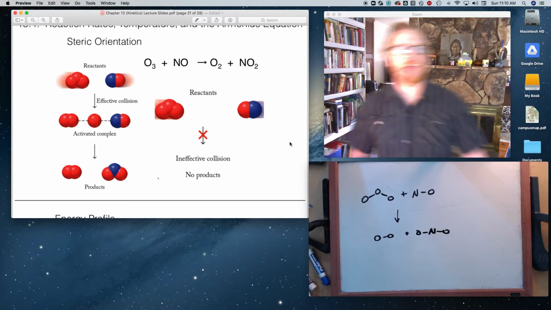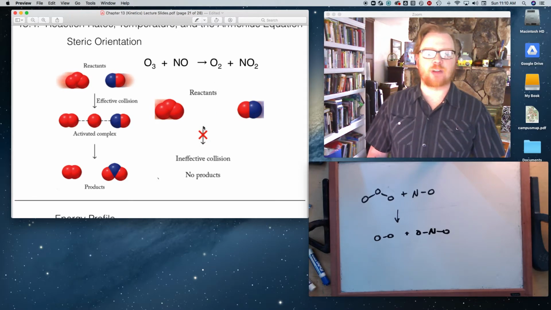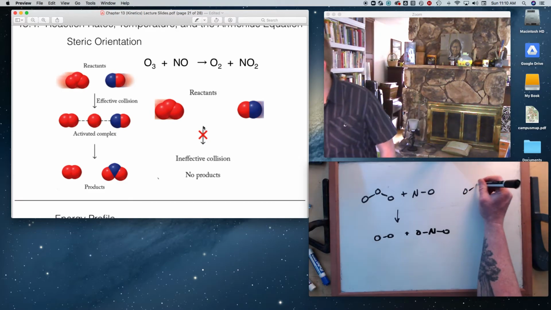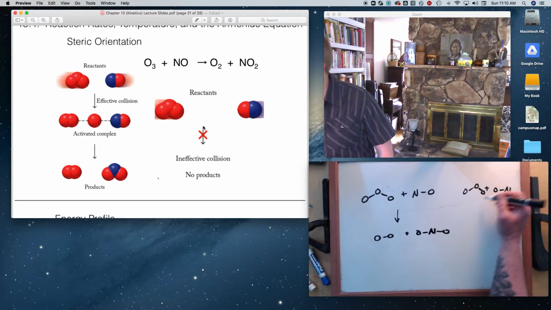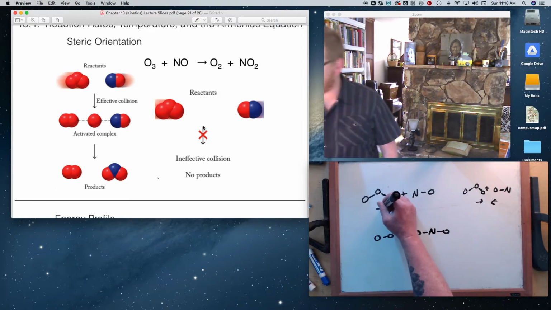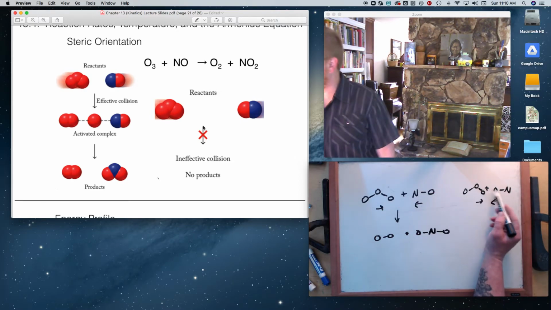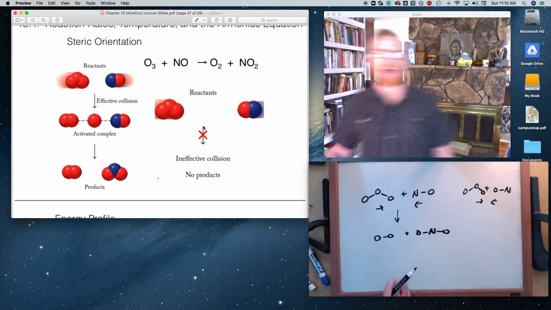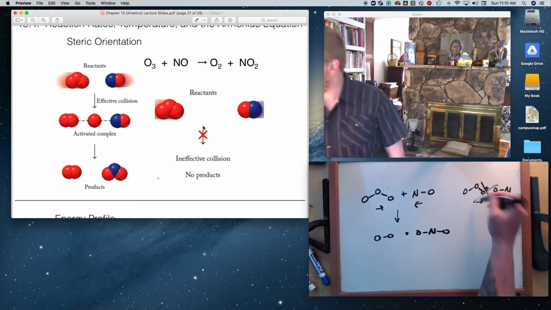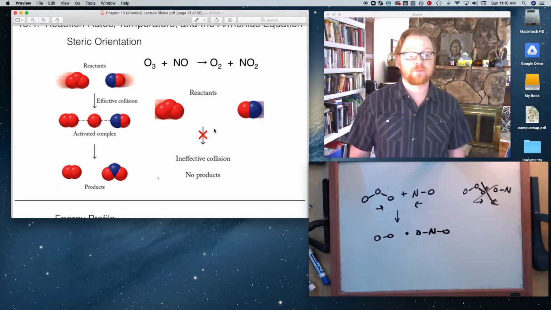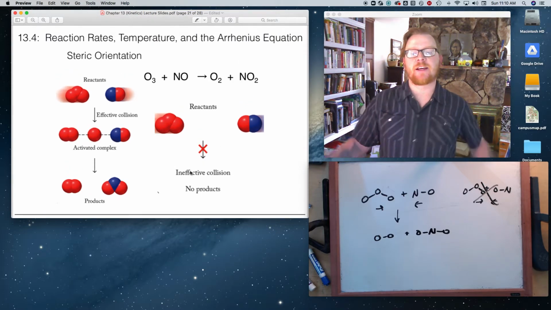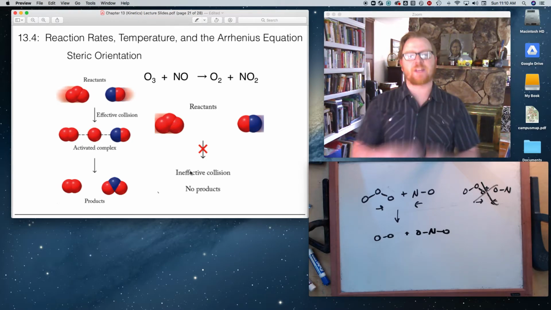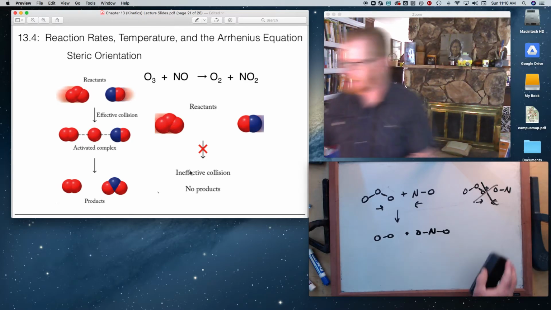So as you can see, this is now showing you, if they collide like this with the oxygen and the oxygen oriented to each other, right? That's not going to make a new bond between the oxygen and the nitrogen. So that's why that is an ineffective collision, because they're not colliding in the right orientation to give you the correct products.